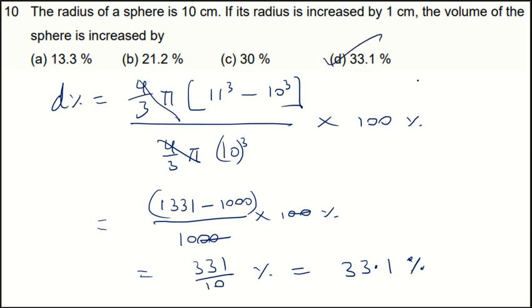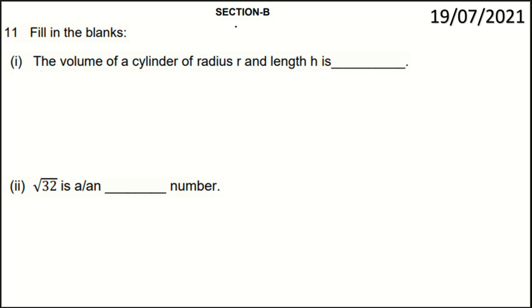Then moving on to another question. It is section B, 11th question. Fill in the blanks. The volume of a cylinder of radius r and length h. Cylinder volume is pi times r square into h. See children, some of you have written like this.